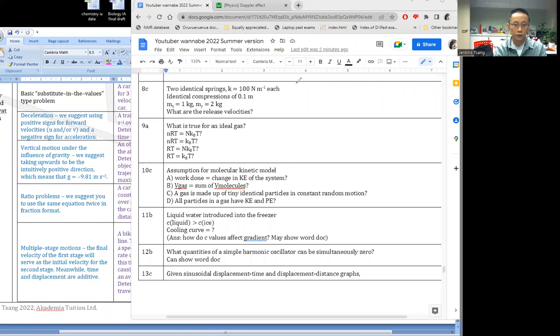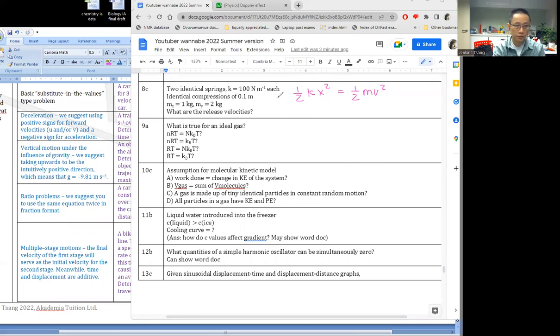The equation required still involves recognizing the need to equate the spring energy, which is half kx squared, with half mv squared, because in these situations the compressed springs transfer all the elastic potential energy into the attached object, allowing the object to carry the energy in the form of kinetic energy.